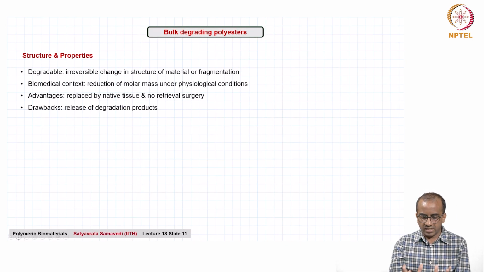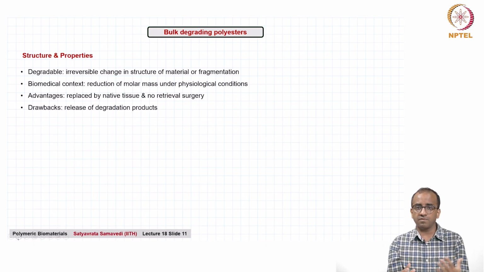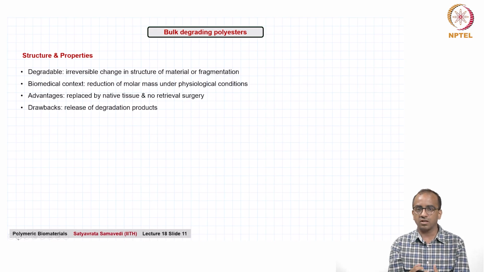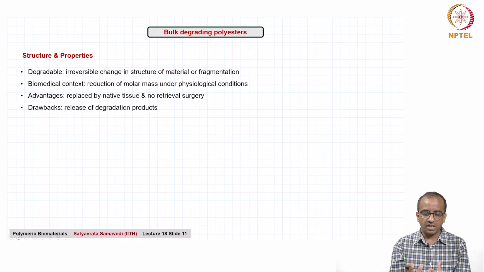Now, degradation again here means irreversible change in the structure of the material or fragmentation, which is typically manifested as a significant change in properties of the material with time. So, as the material degrades, properties like molar mass will change, its mechanical properties will change, lots of other things will change. And again, we will look at those mechanisms in more detail in a subsequent lecture, but for now we will note that we are here talking about bulk degrading polyesters.